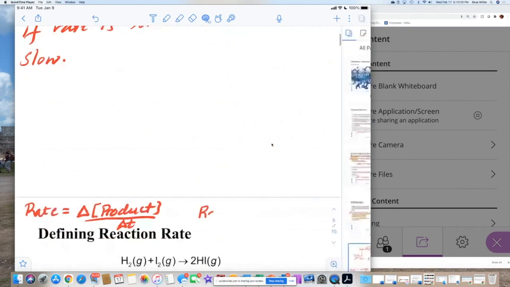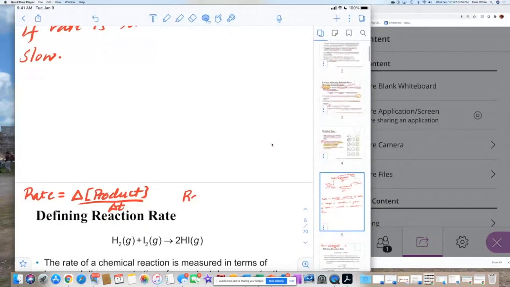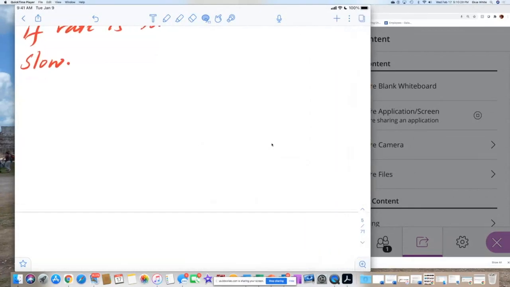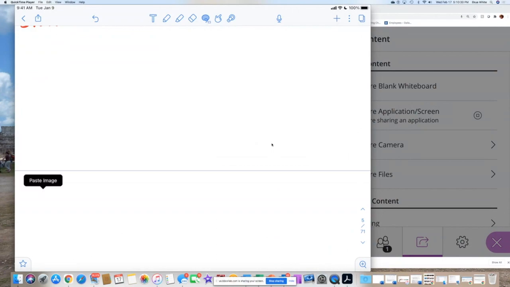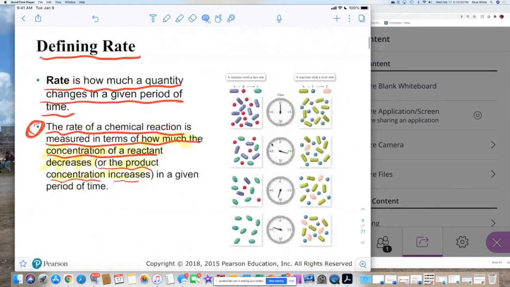And we're going to be looking at the rate as far as the reactant is concerned. Okay, and do the same thing for this part here. The second one, we're going to be studying the product.